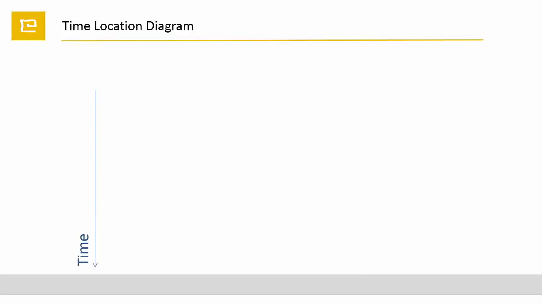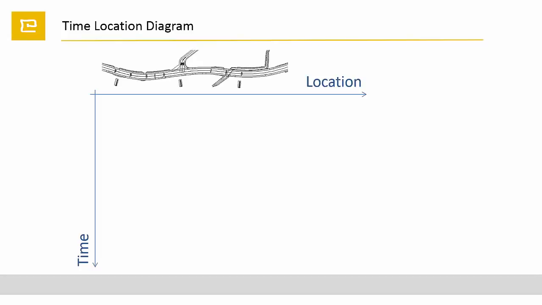So let's add to the time axis in the Gantt diagram a right-angled distance axis. Very common is to display the time axis vertical and the location axis horizontal. The sitemap is added alongside the distance axis to check the location of an activity.